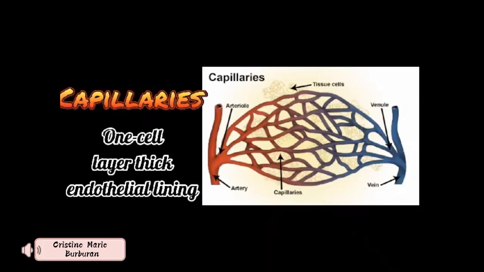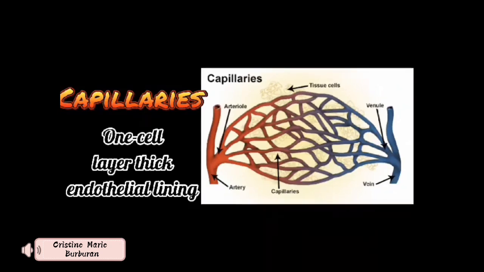This is also where the exchange of gases, water, nutrients, and waste products takes place, because the capillary walls are thin and fenestrated. After this, the capillaries collect into venules, which are the equivalent of arterioles.